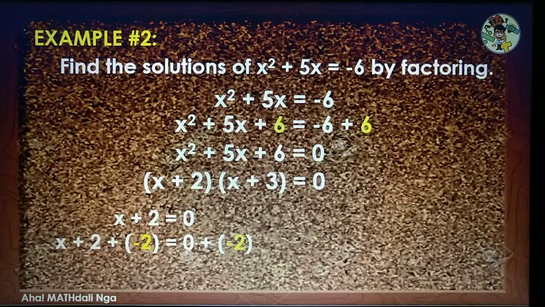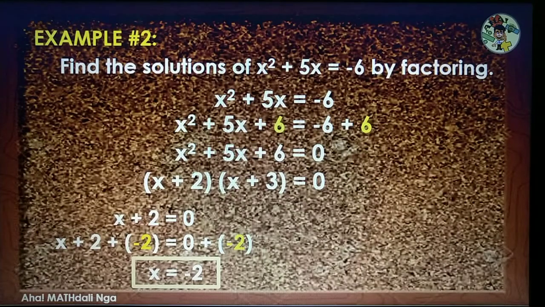Again, the purpose of adding negative 2 to both sides of the equation is to eliminate positive 2 on the left side so that we can find the value of our variable x. To continue, we will simplify this and we have x is equal to negative 2.